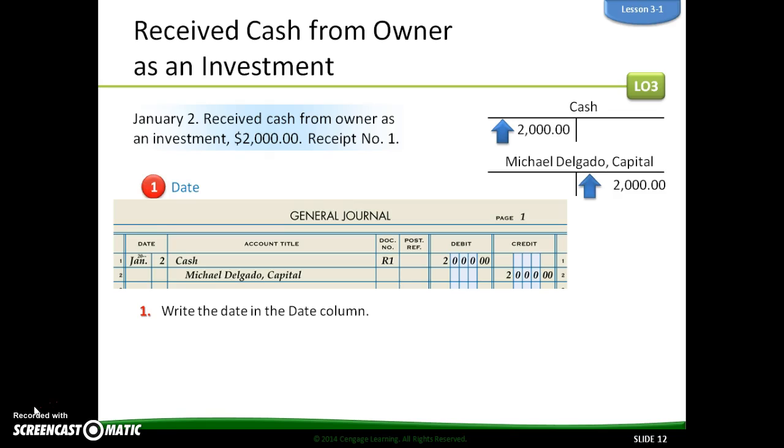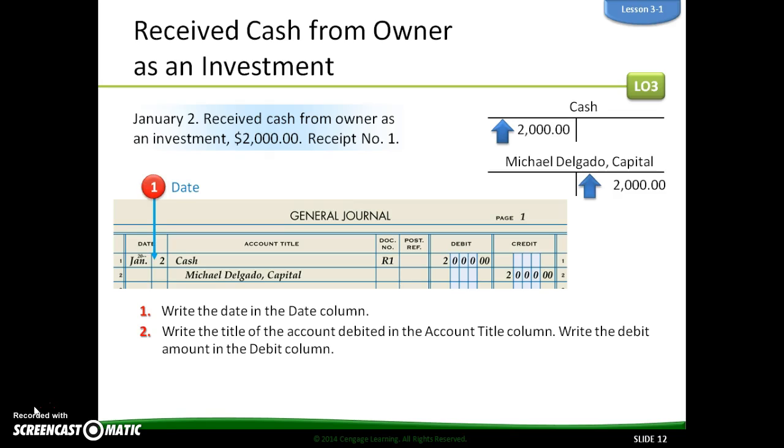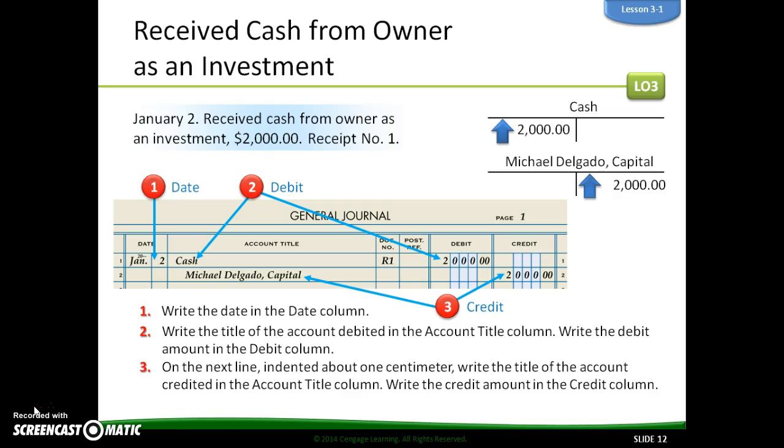On the second line, where we are writing Michael Delgado's name for the credit entry, we want to make sure that we always indent a little bit of space under the debit entry on the top line. Okay? So you can see the debit, and then you can see the credit, and we've indented that for the same amount, and now we have a double entry in our general journal.